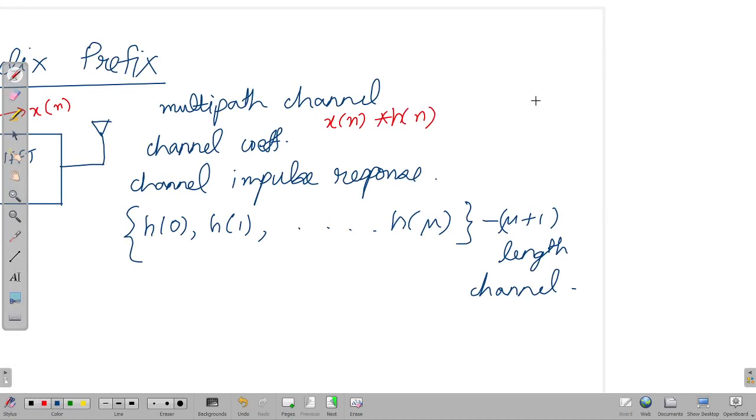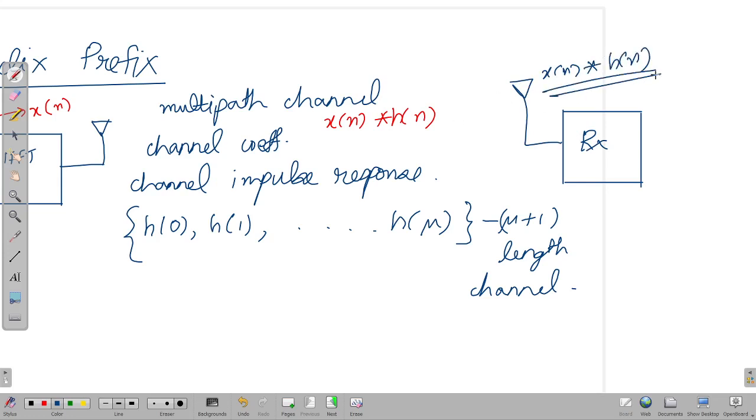At the receiver, this is the OFDM receiver, you have x of n convolved with h of n.